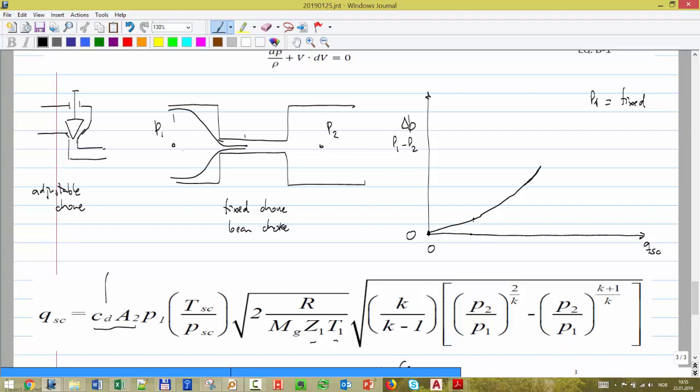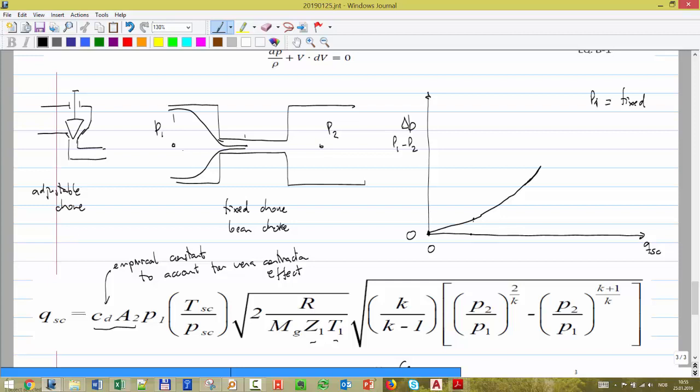So this is an empirical constant to adjust for that effect, called the vena contracta effect.